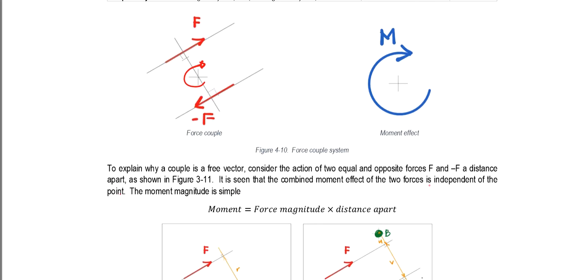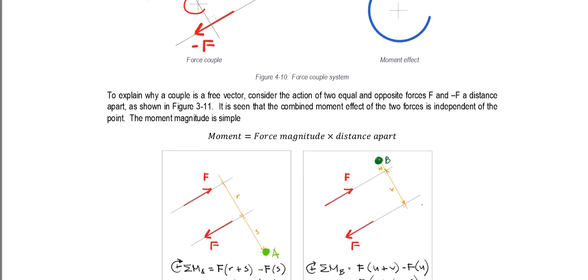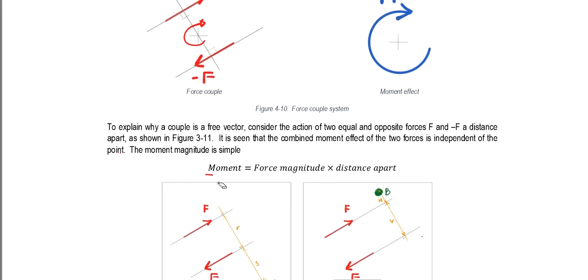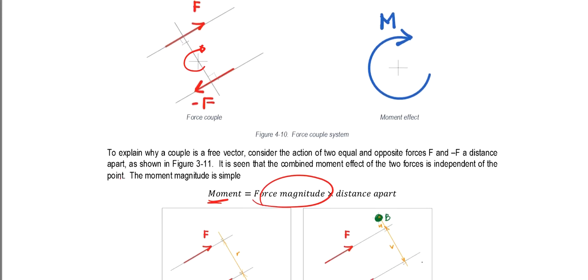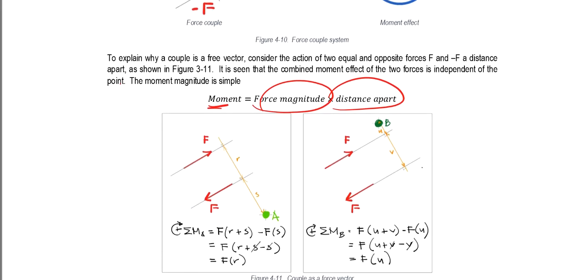The moment magnitude is simple: we can solve it by getting the magnitude of the force F, of course, since they have equal magnitude, multiplied by the distance apart of these two couple forces.